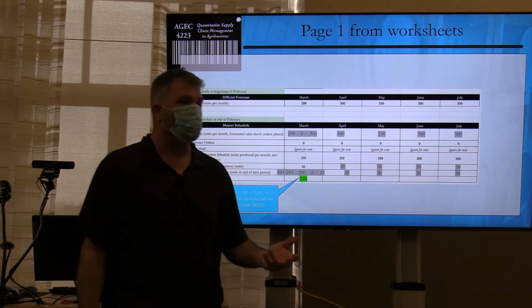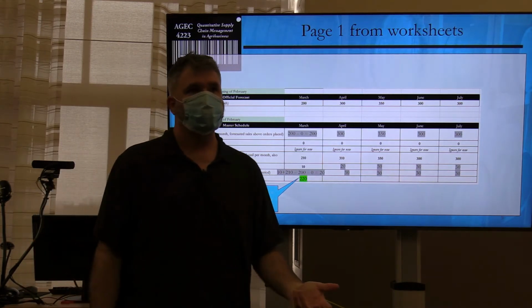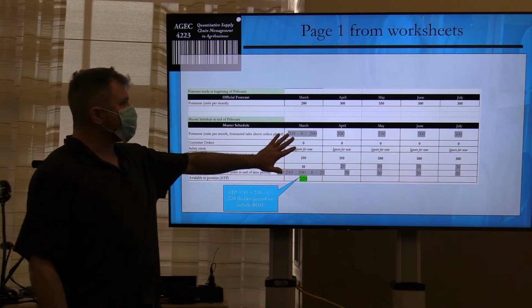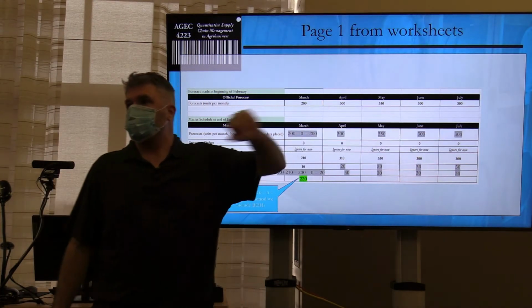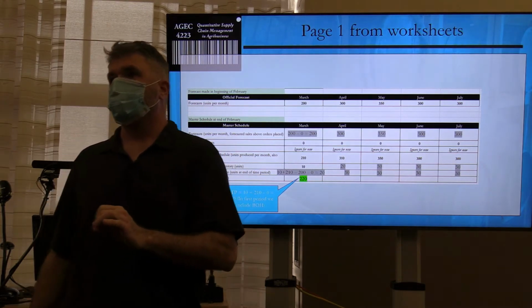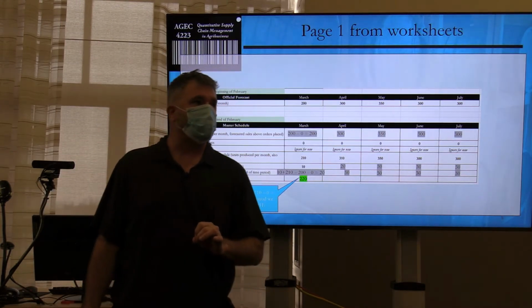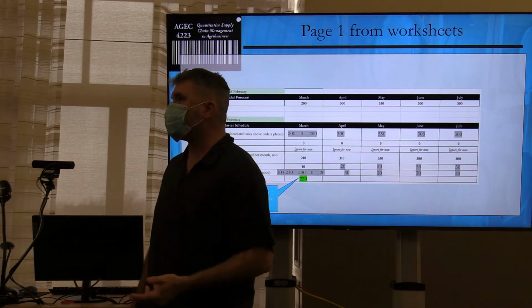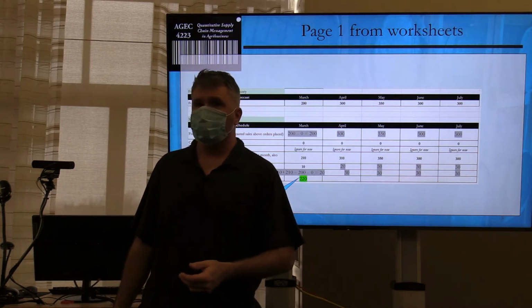It's real. It's not a forecast. It's not a guess. But when it comes for each month in the future, then we ignore the beginning balance because we don't actually know how much we're going to have.